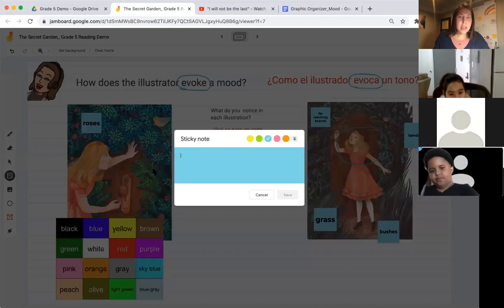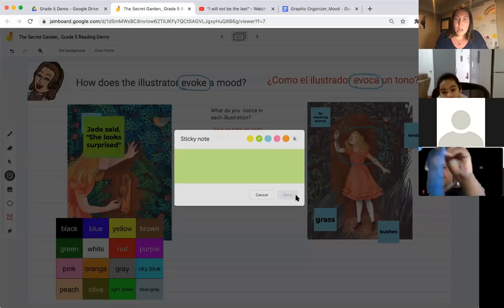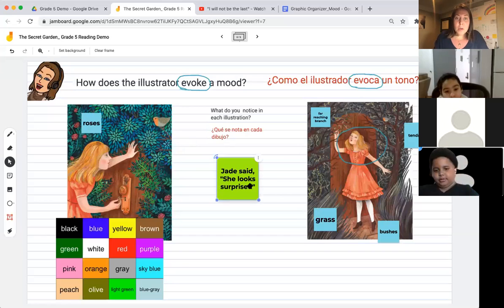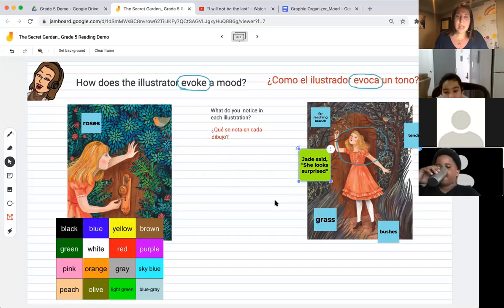So I'm going to take a Post-it, put it in green and say, who's the one that said that, Jadelis? No, me, Jade. Jade said she looks surprised. Cool. So now, you know what that means, Jade? That means that you're an analyst. When you are making inferences on characters, you are analyzing the text.